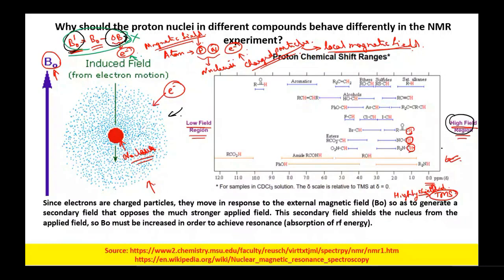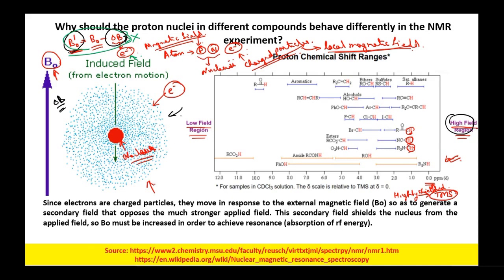However, when we talk about these NMR curves, you need to understand that we have to supply an additional magnetic field of delta B so that we can overcome the shielding effect of the electrons.